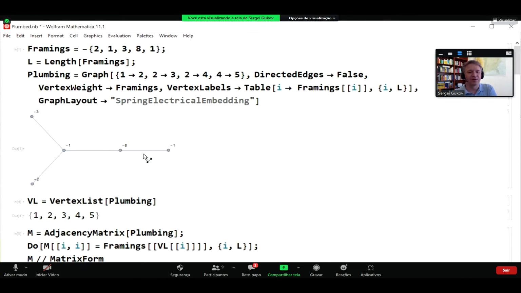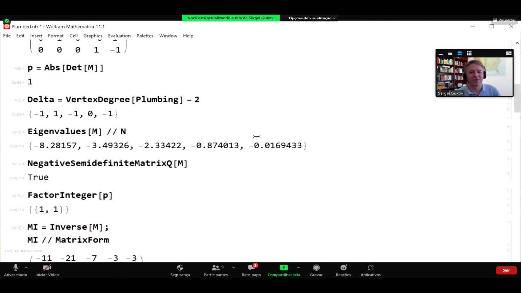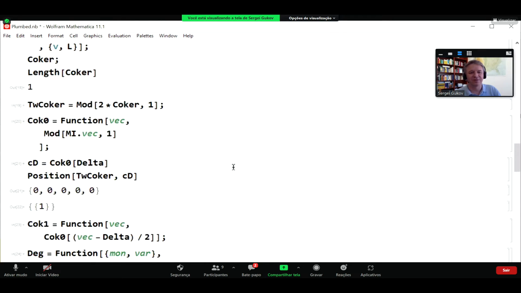So before we look at the answer, this is the new graph. As you can see, it now has 5 vertices. So we actually completely changed the graph. So the integral notation is now a multiple integral over 5 variables. The previous one was over 4 variables. Again, this is negative definite, that checks out.